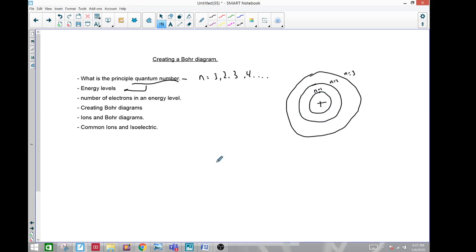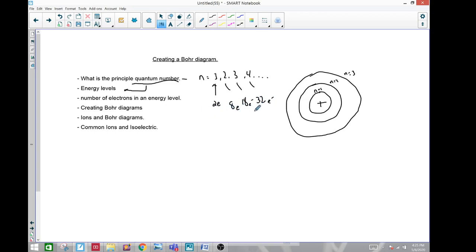Many people know that the first energy level has 2 electrons, the second energy level has 8, the third level has 18, the fourth level has 32, and the rest of them you can Google. This is something that is commonly taught, and less commonly taught nowadays in middle schools.